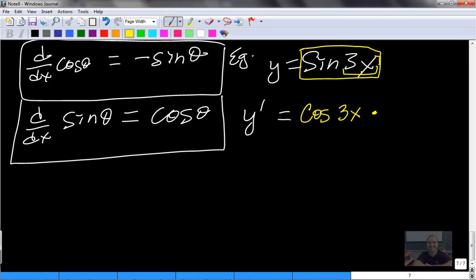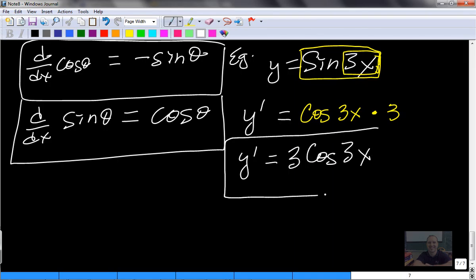So the derivative of the inside function, 3x, is 3. And so our final answer is the derivative is 3 cos 3x. It's typical to put the number in front of the trig function. So if you got a times 3 in the back, bring it up to the front.